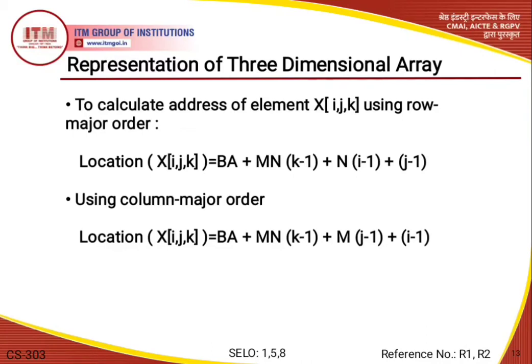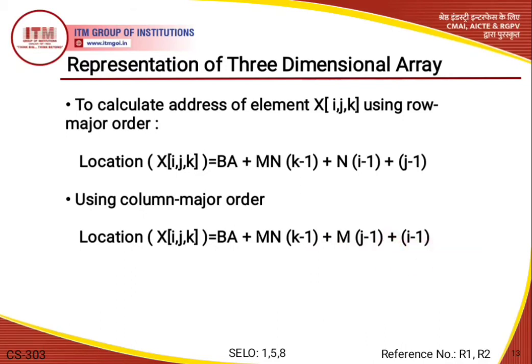According to the row measurement, we calculate the location as Xijk is equal to BA plus MN(k minus 1) plus N(i minus 1) plus (j minus 1). And when we calculate in the form of column measure order, we find the location as BA plus MN(k minus 1) plus M(j minus 1) plus (i minus 1).